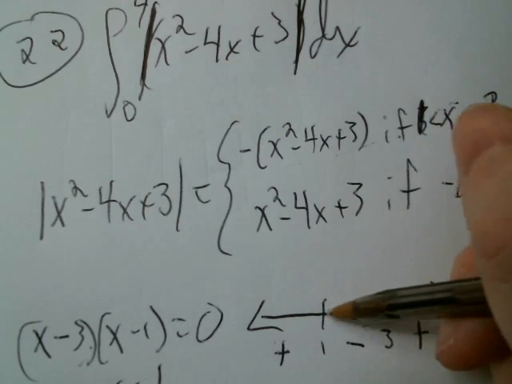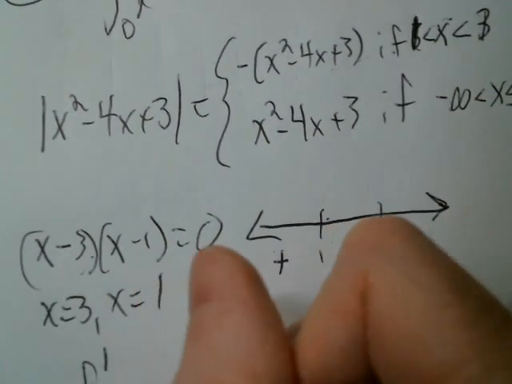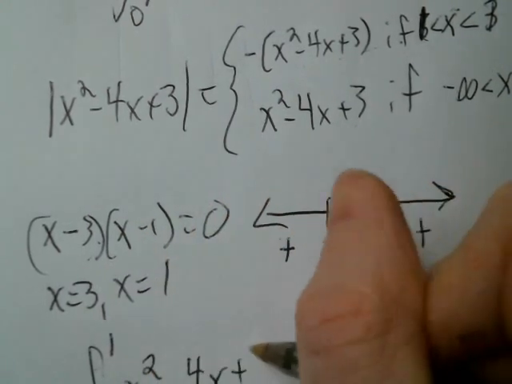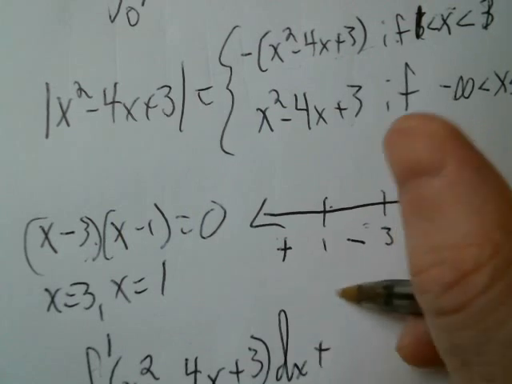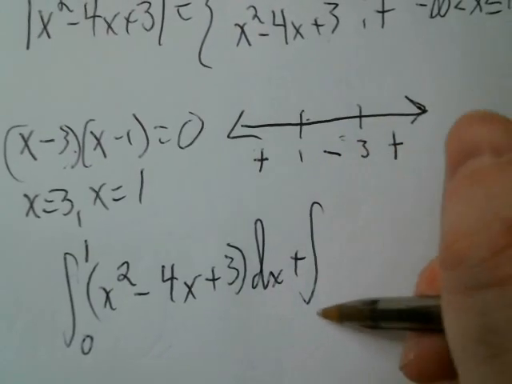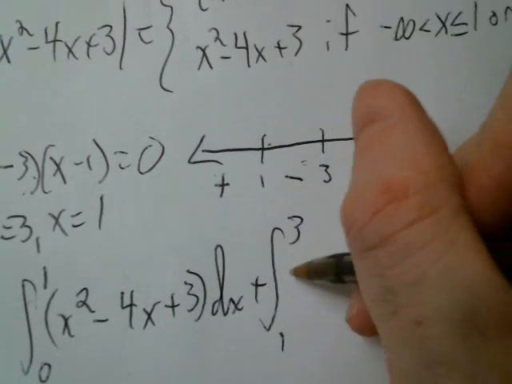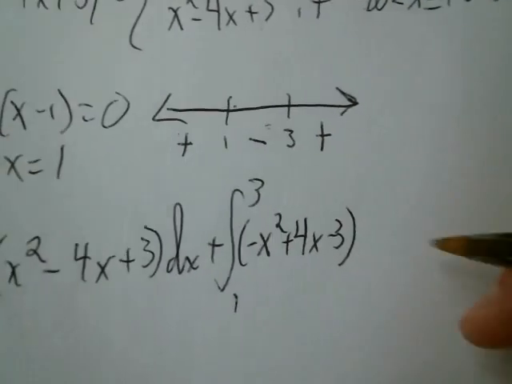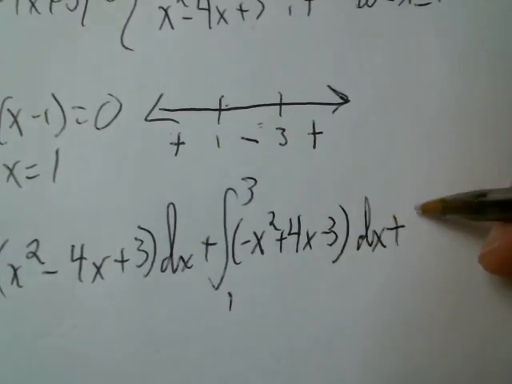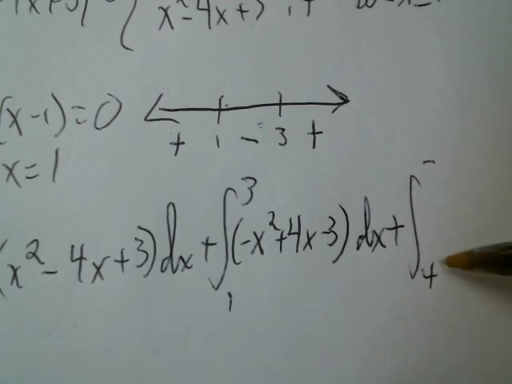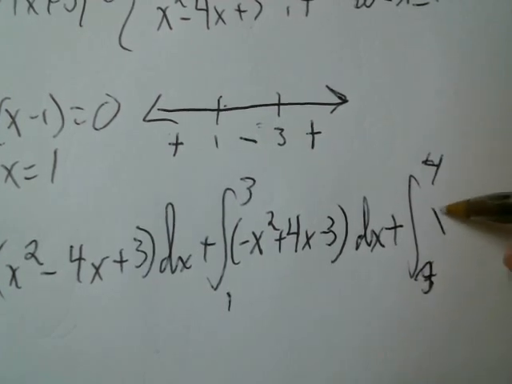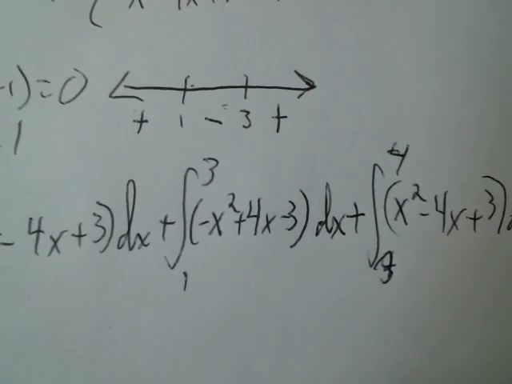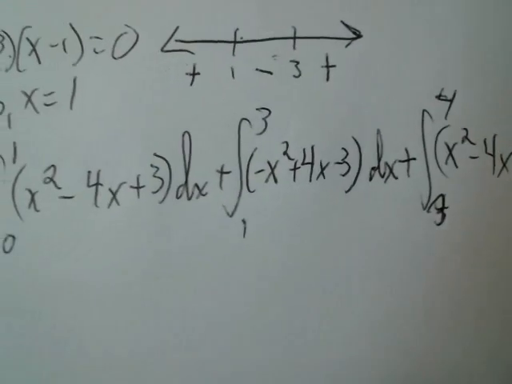So I'll go from 0 to 1, and in that case it's the positive part, so x squared minus 4x plus 3 dx, plus the integral from 1 to 3 of the negative part, so negative x squared plus 4x minus 3 after I distribute the negative, dx, and then finally the integral from 3 to 4 of x squared minus 4x plus 3. Okay, so I got 3 integrals to do.